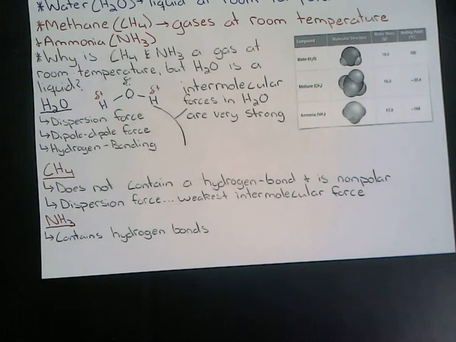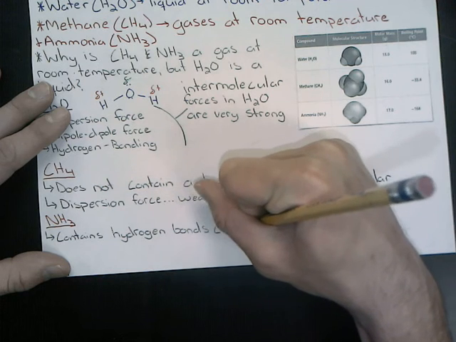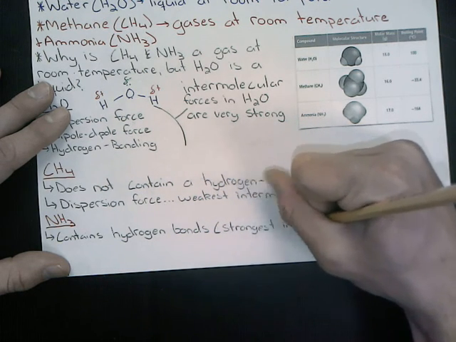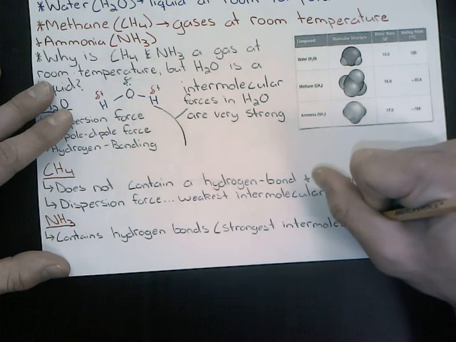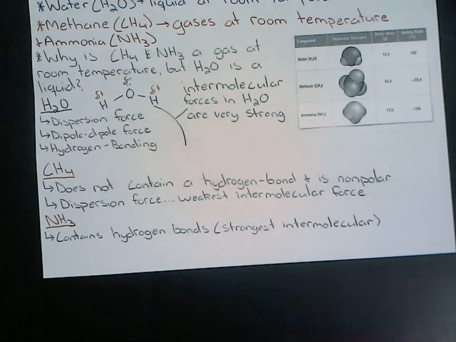And if I haven't mentioned already, hydrogen bonds are the strongest intermolecular force here. Okay, so if ammonia contains the strongest intermolecular force, why is it not a liquid?